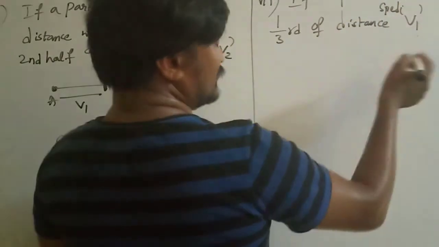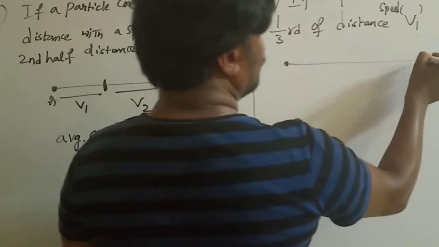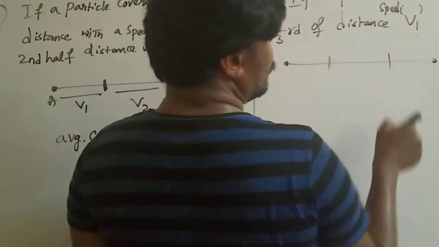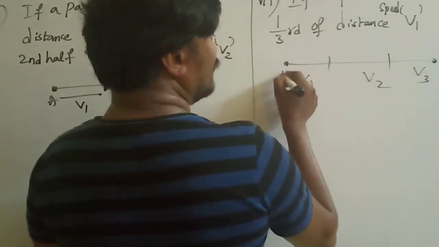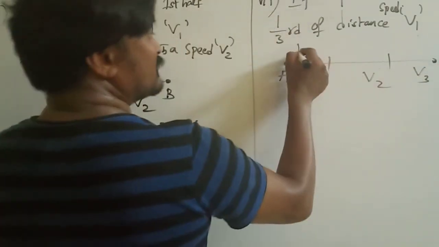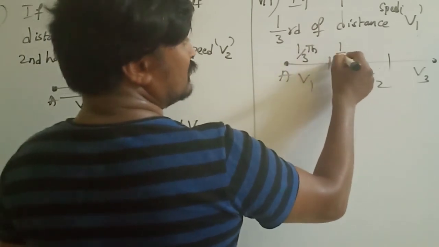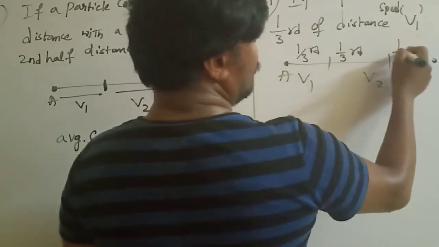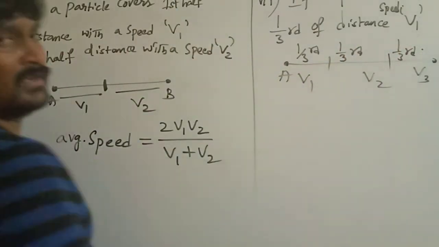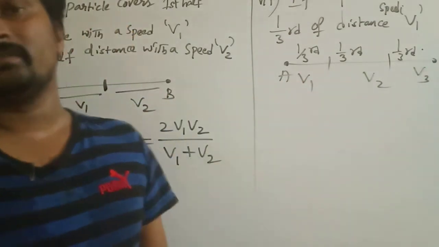Here it is point A, divided into three parts, with v1 speed, v2 speed, v3 speed. First 1/3, second 1/3, third 1/3. First 1/3 is v1, second 1/3 is v2, the third 1/3 is v3.